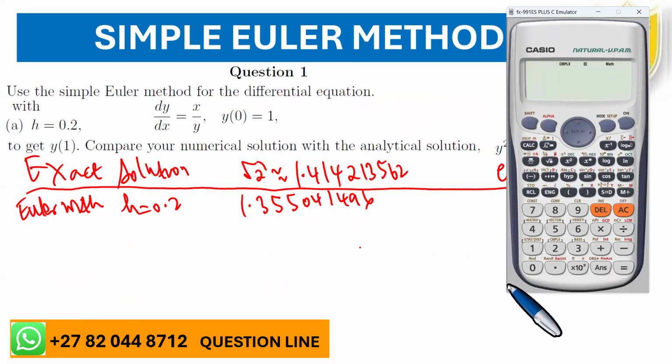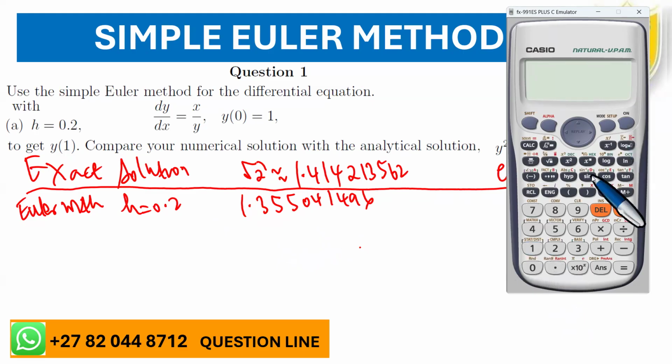So to get the error between the exact and the approximate, you can see the exact one is bigger because it's 1.4, but the Euler's method gave us 1.3, which is smaller. So we take the 1.4.